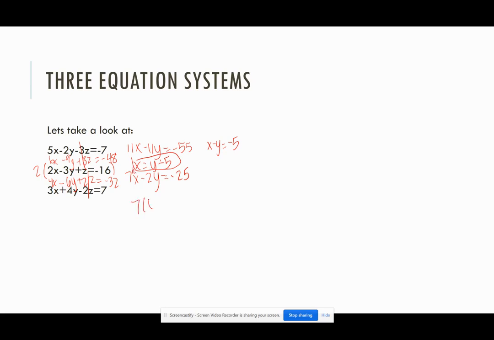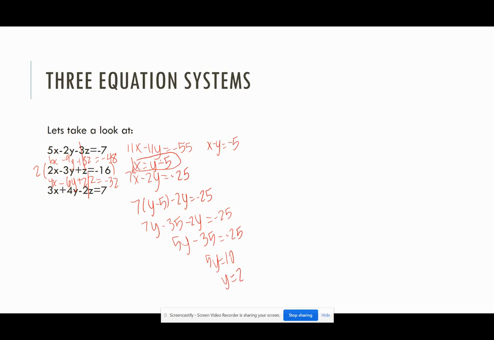So I get 7 times y minus 5 minus 2y equals negative 25. Distribute: 7y minus 35 minus 2y. It's going to happen a lot, and I hate when that happens. Equals negative 25. 5y minus 35 equals negative 25. So 5y equals 10 and y equals 2.